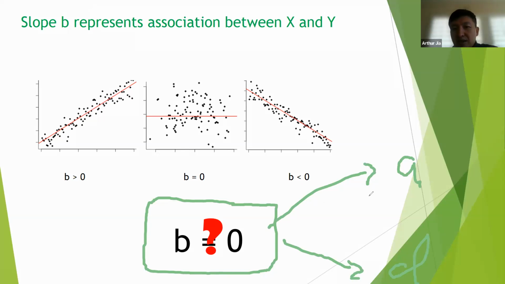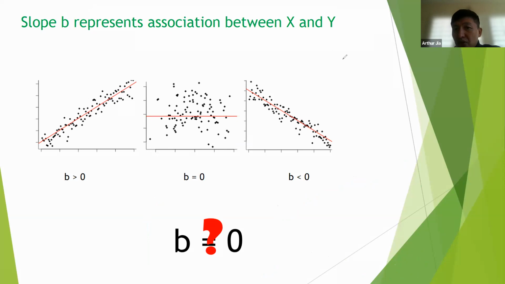A non-zero, non-trivial slope will indicate an association between this locus and the phenotype. All right, this is the kernel of the GWAS. This is the kernel of the association study: how we can identify the trait-associated loci by analyzing high-throughput genomic data.